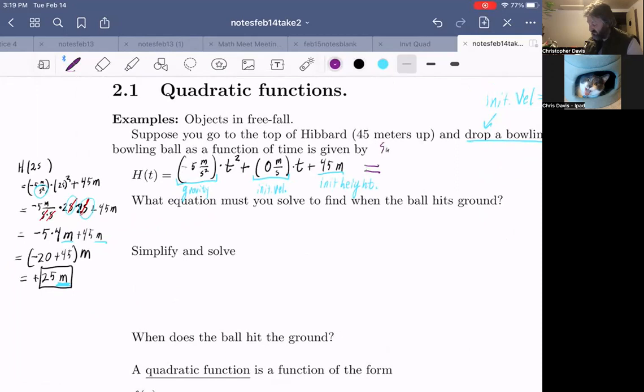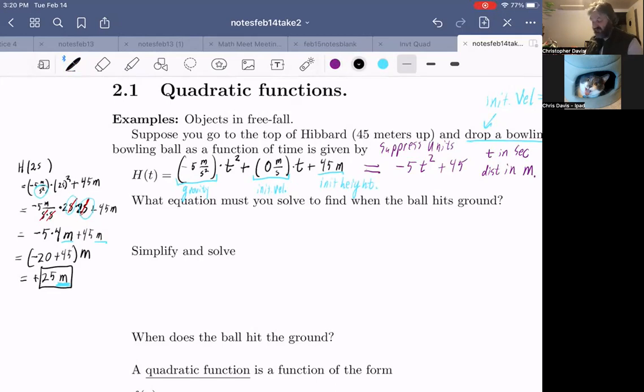Sometimes we'll suppress units and just write -5 t squared plus 45, and just know that time is measured in seconds, distance in meters. All right, that's all an aside that's not related to quadratic functions at all. It's just how you read these expressions with units in them.